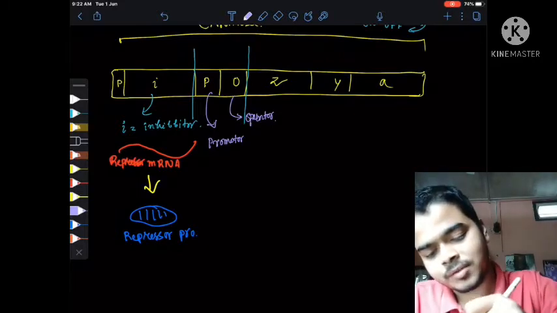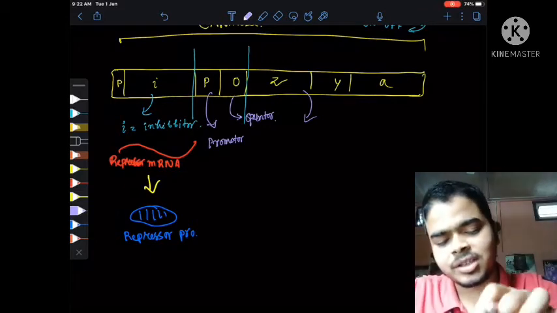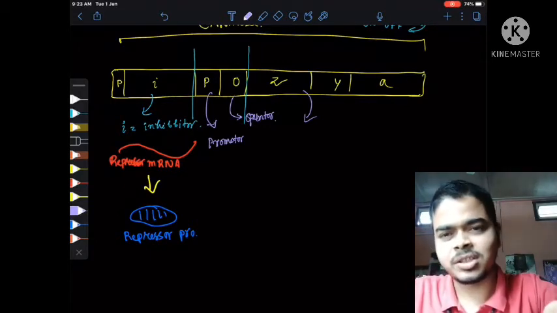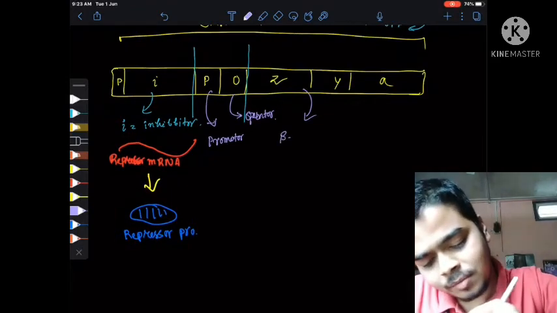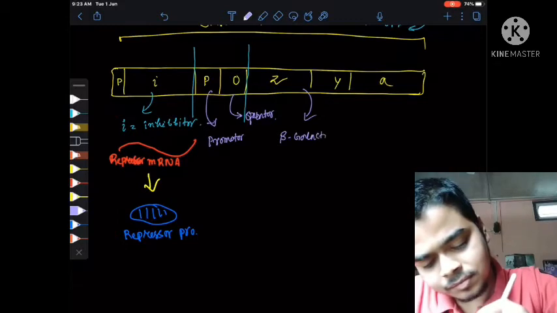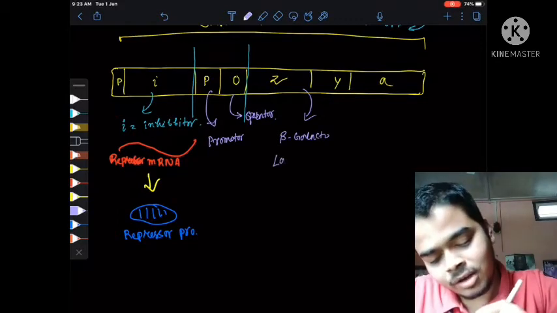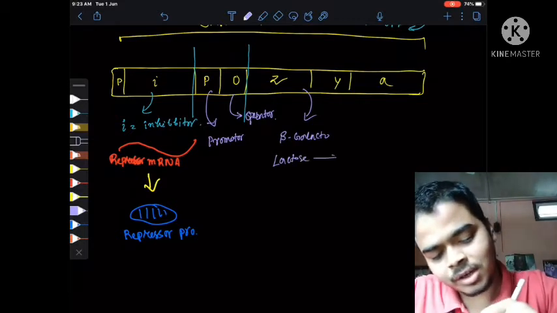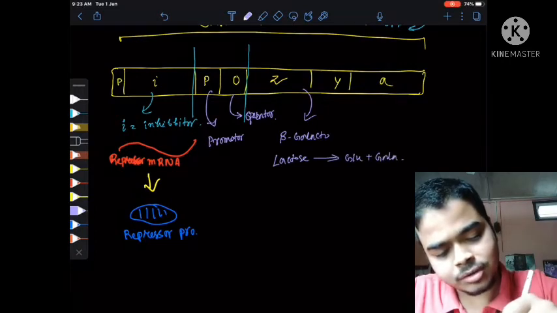Here in this part, Z, Y, and A, these are three genes. Now Z, Y, and A transcribe three enzymes. What are they? Z transcribes beta galactosidase, which is responsible for breaking down lactose. Lactose is a disaccharide, right? Beta galactosidase breaks down lactose to glucose and galactose, right?